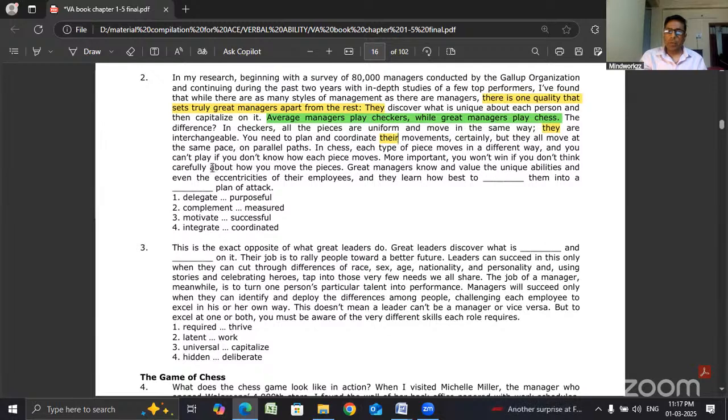And you can't play if you don't know how each piece moves. More important, you won't win if you don't think carefully about how you move the pieces. Great managers know and value the unique abilities and even the eccentricities of their employees, and they learn how best to dash them into a dash plan of attack.